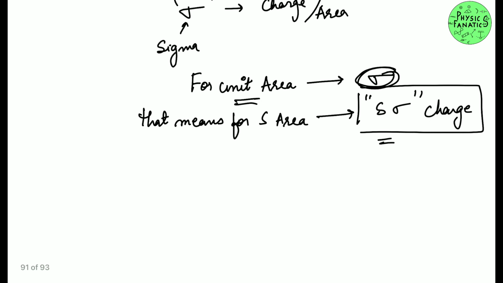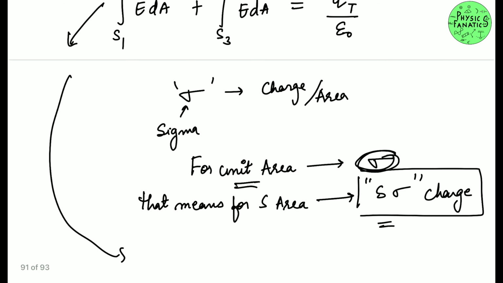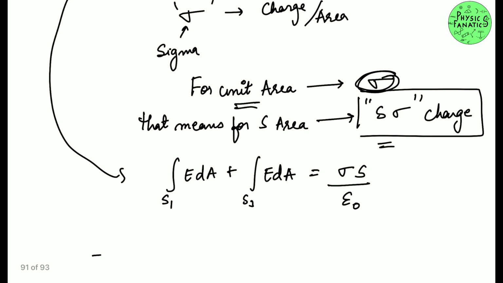If that is understandable, I'm going to solve it here. That is, the integral over S1 of E dA plus the integral over S3 of E dA is equal to sigma times S divided by epsilon naught. The electric field will come out because it's a constant.